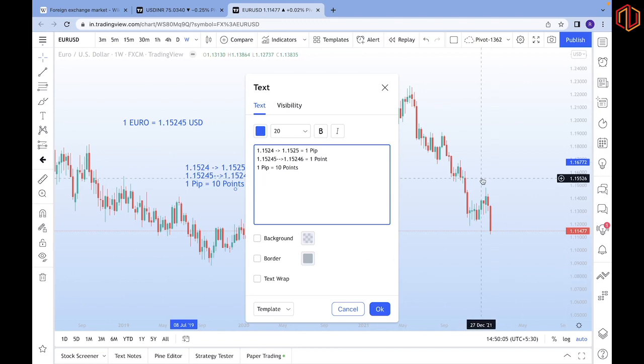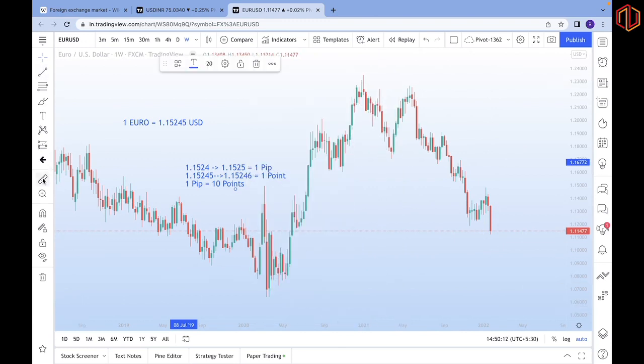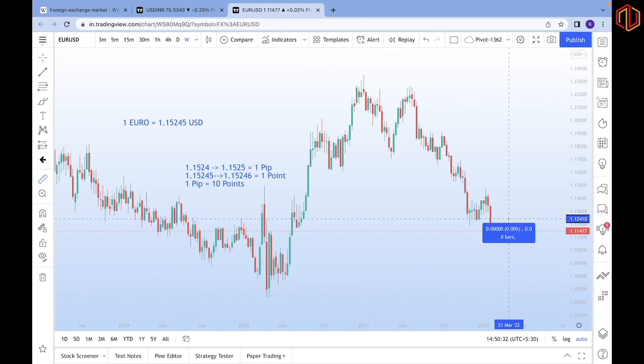So when you say the market fell a certain amount of value, you would normally say, if the market falls, say from 1.1340 to 1.1240, so we have 1340, let's say it falls to 1.1240, this is called 100 pips.